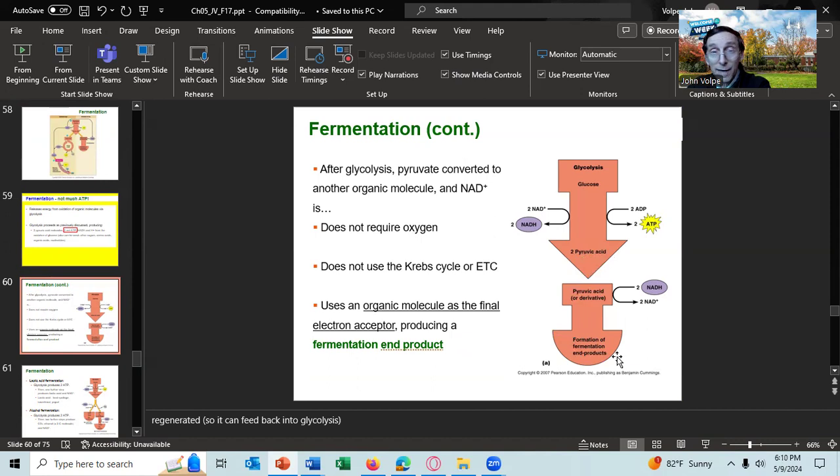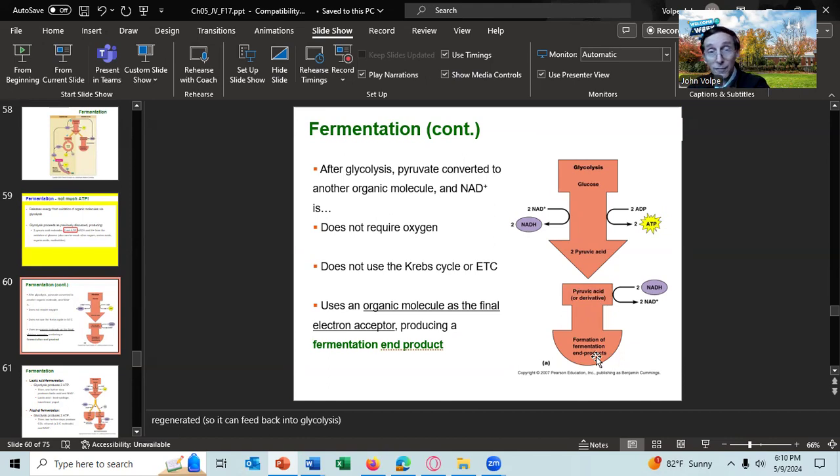Fermentation uses an organic molecule as the final electron acceptor, producing a fermentation end product. In lactic acid fermentation, pyruvic acid itself is the final electron acceptor, and it will be converted into lactic acid.